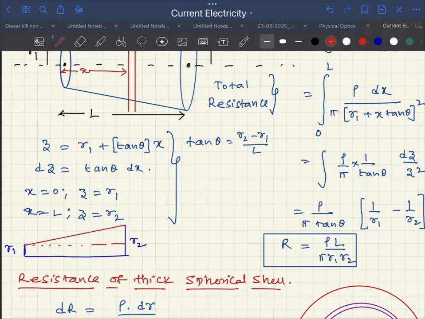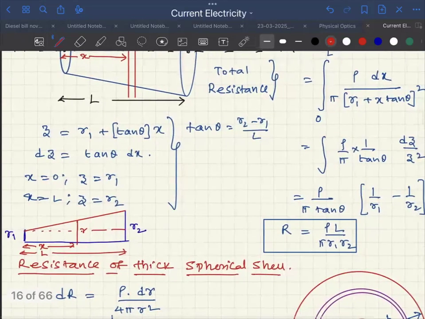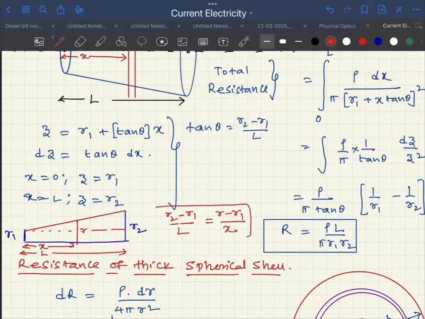And remember, at this end, say the radius is R. Remember, this is x and the total length is L. Then you will use the formula: (R2 minus R1) by L is equal to (R minus R1) by x. I think you know this. Geometry.